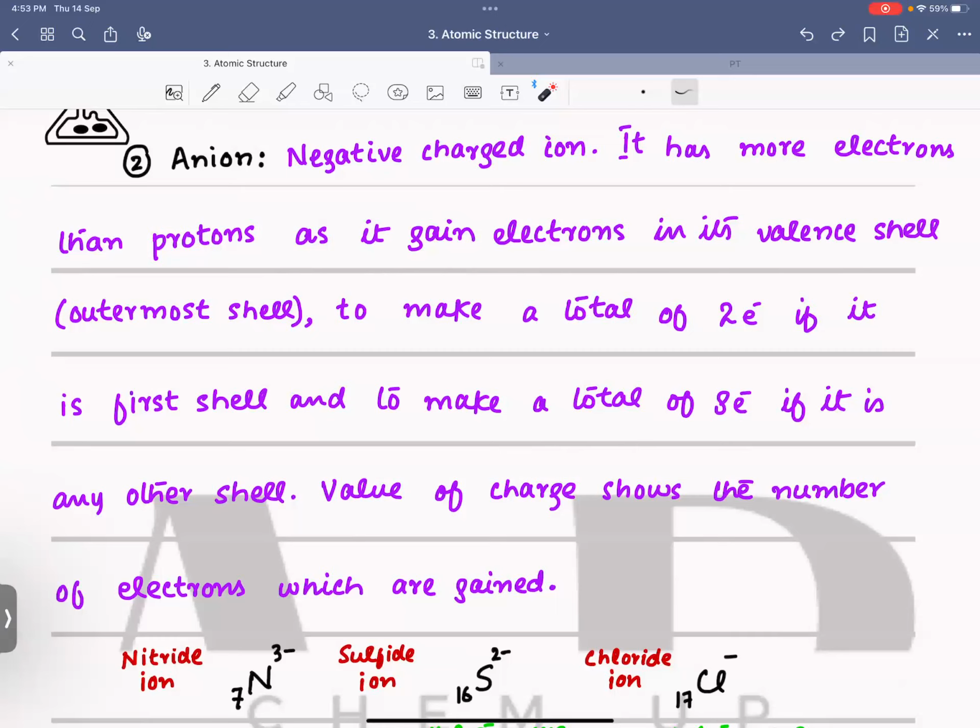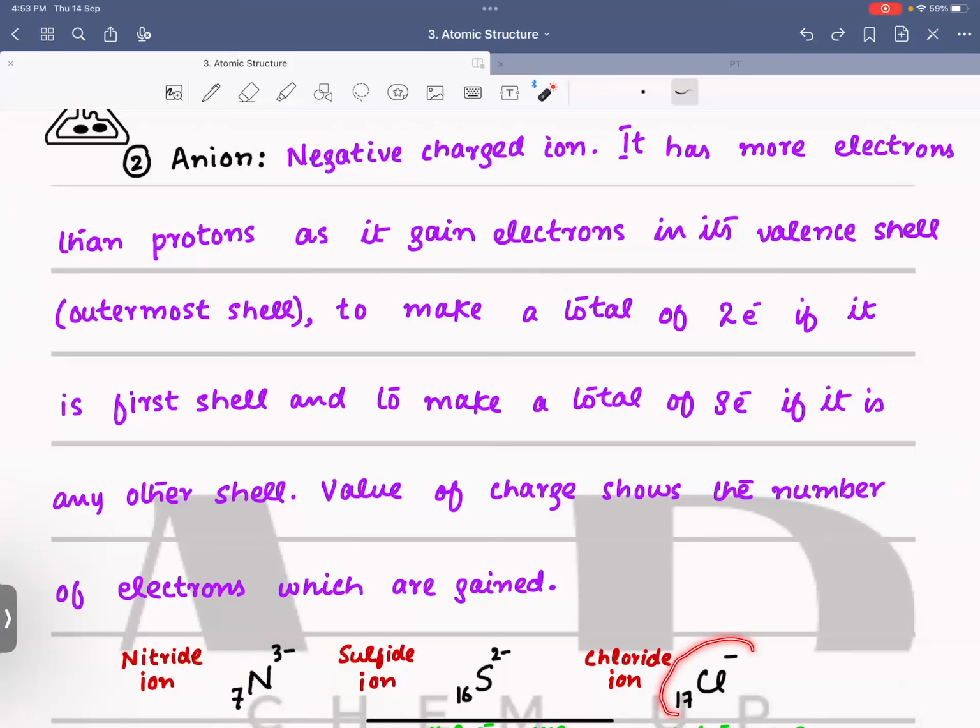Okay, so in this nitride ion, if I ask you how many protons are there? 7. And how many electrons are there? 10. Here, how many protons are there? 16. And how many electrons are there? 18.